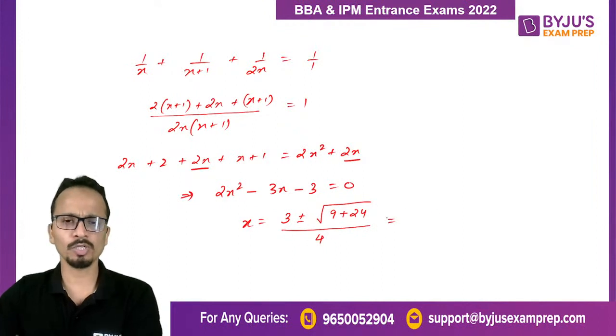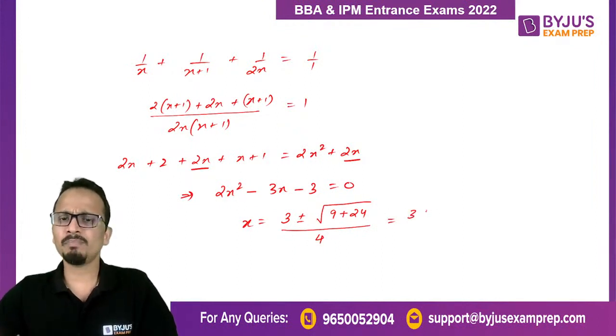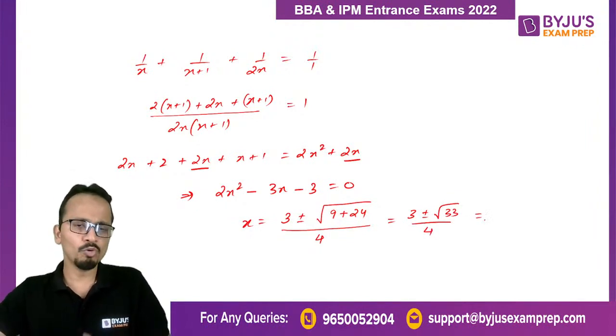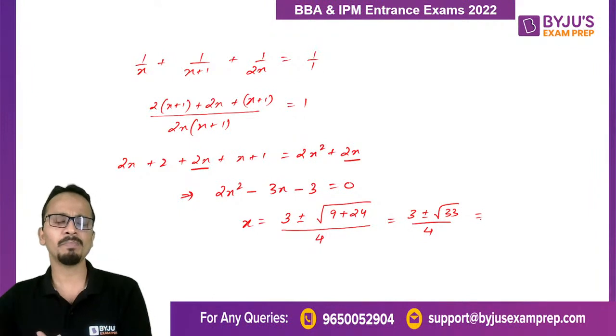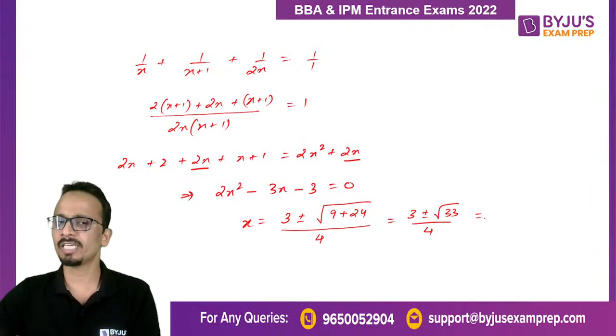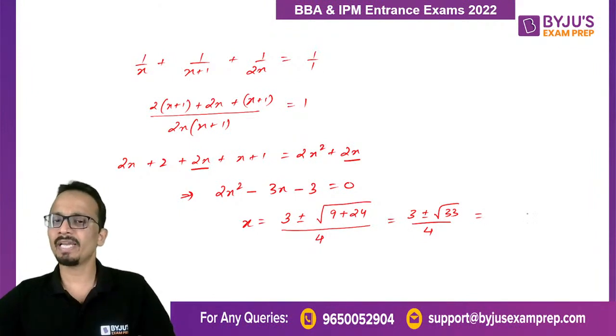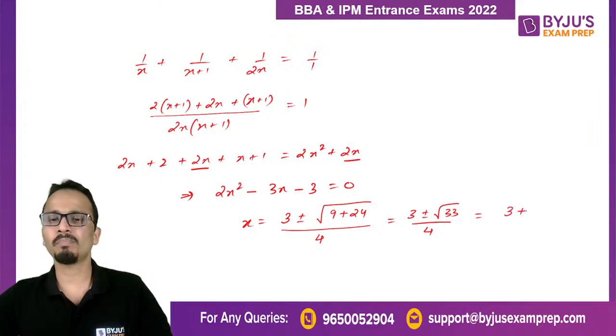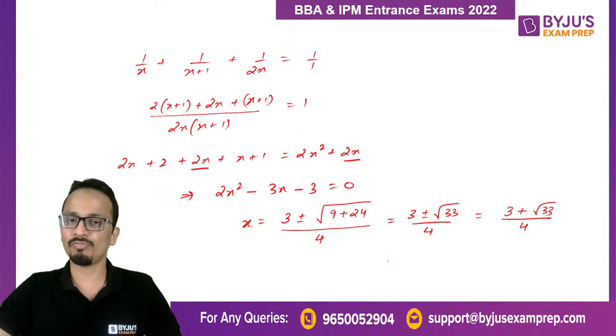So this is equal to 3 plus minus under root 33 divided by 4. Now the negative sign will be rejected because x cannot be negative. So it will be 3 plus under root 33 upon 4. This is the value of x.